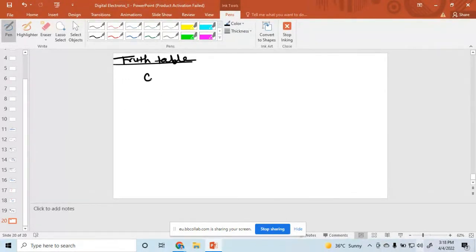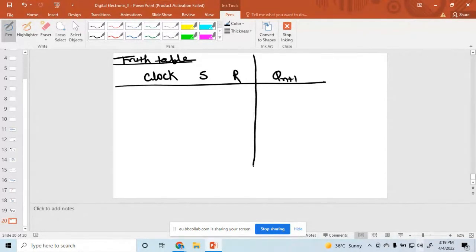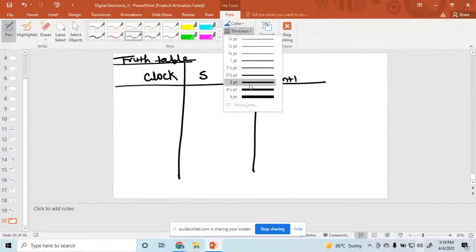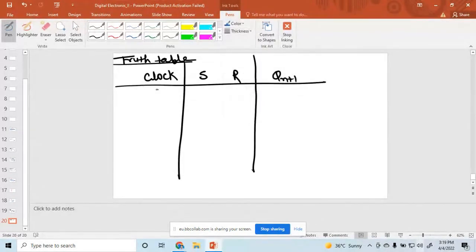So this one is clock, then S, R and Qn plus 1.